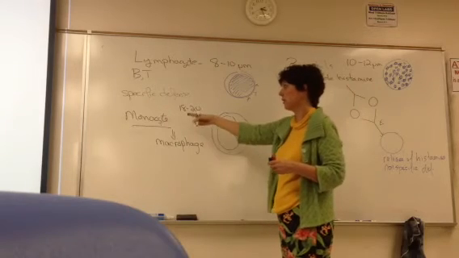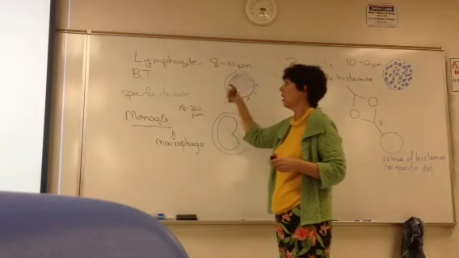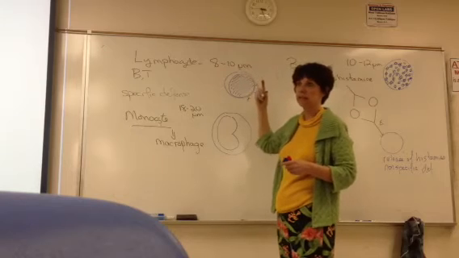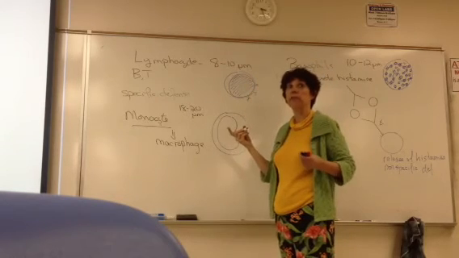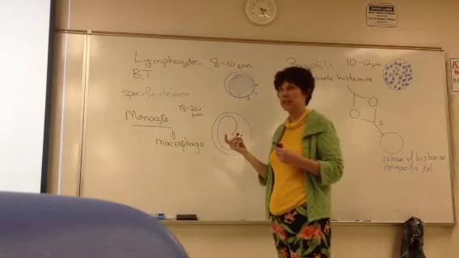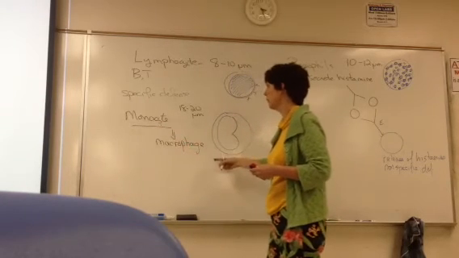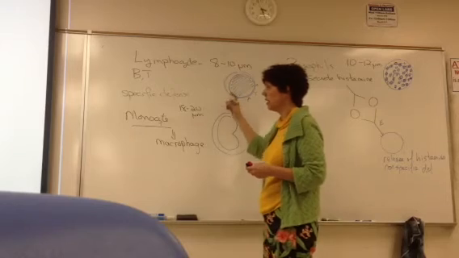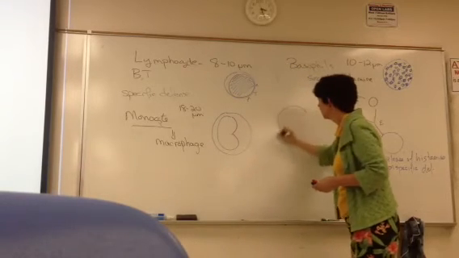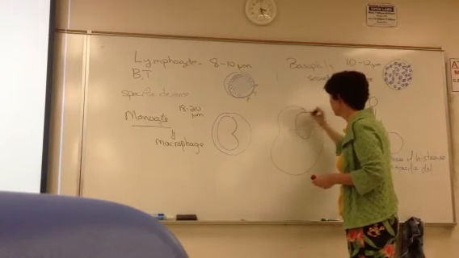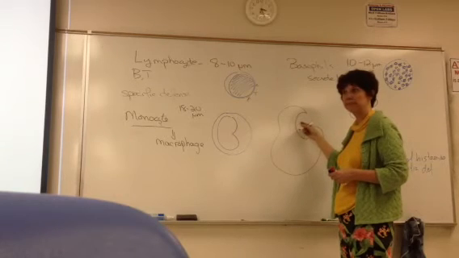So macrophages from the monocyte and our neutrophils, that's their most important function, is this phagocytosis. Part of the role, as you'll see next week, of a macrophage is to ingest the virus or the bacterium.